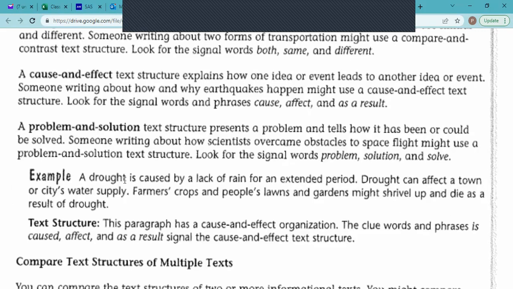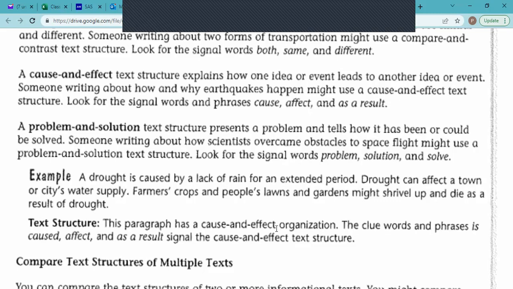It affects farmers and their crops. People and their lawns and gardens might shrivel up and die. So one cause, multiple effects. So this text structure is actually cause and effect organization. And there are clue words and phrases in here, like caused, effect, as a result. And that signals, of course, cause and effect text structure.